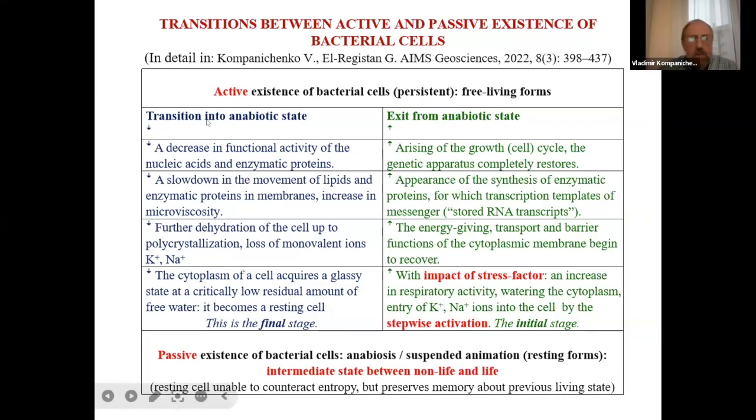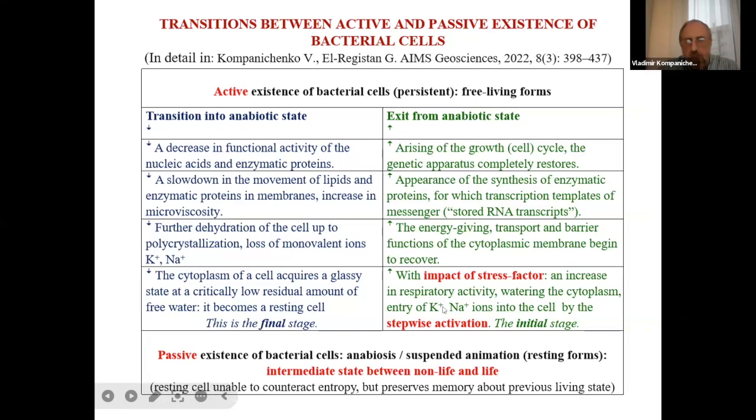And this is succession of metabolic changes in bacteria when it transits to anabiotic state up to the fully anabiotic state, and the back return to the active state via this succession of changes.